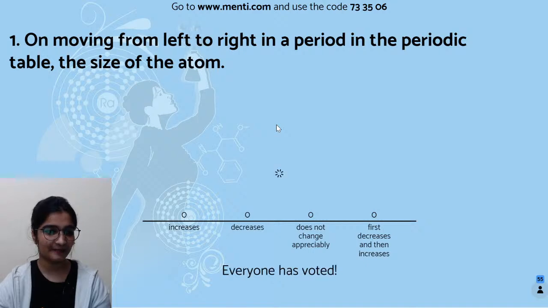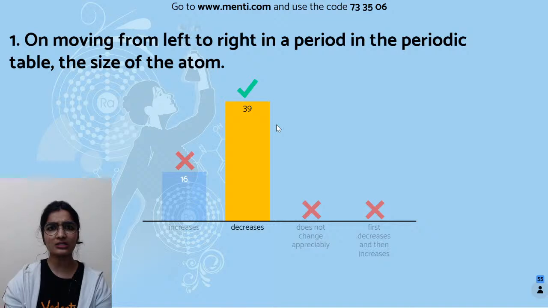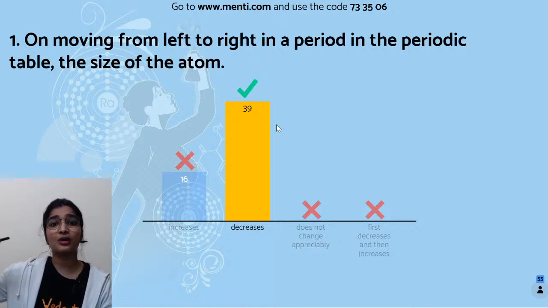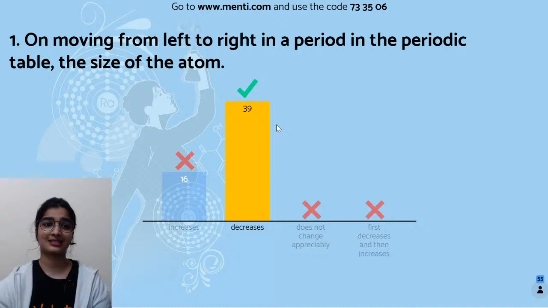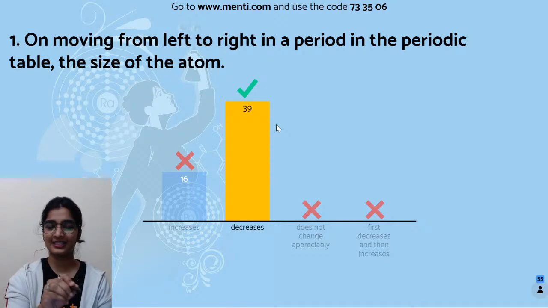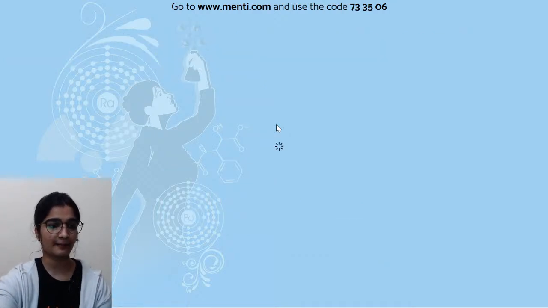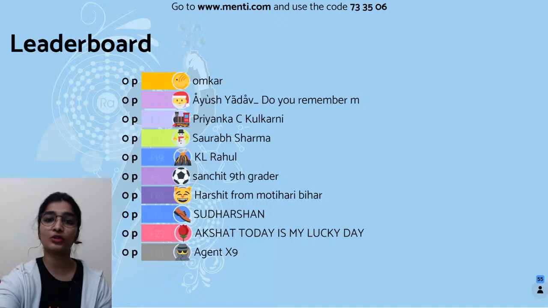Across the period, atomic size decreases, right? Who answered increases? No. It decreases, children. Please do not get confused. You know the reason also.